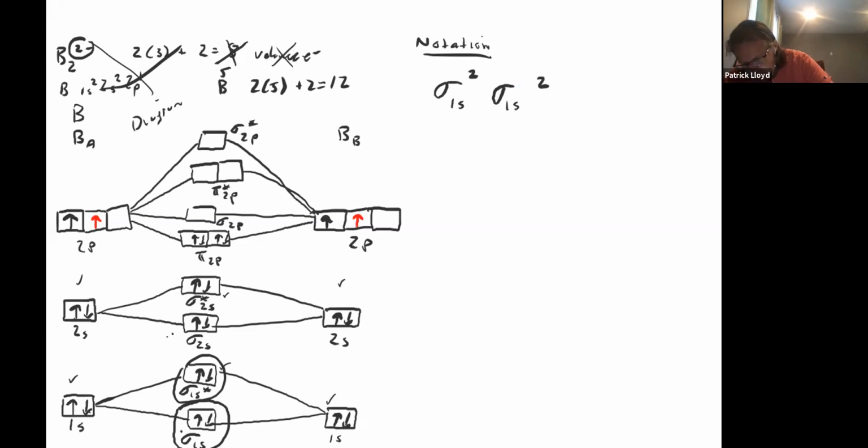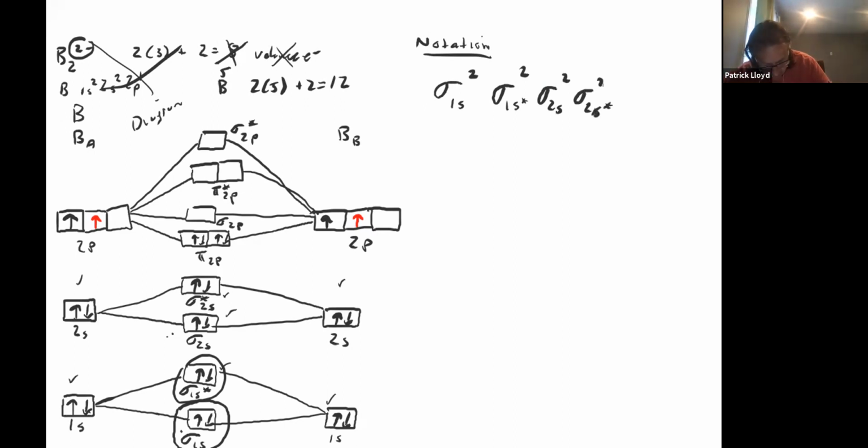The star goes down here, 1s star, and then you put the 2 above it as a superscript. Sigma 1s2, sigma 1s star 2. Next one is sigma 2s. There's 2 in there. So it's kind of like electronic configurations like we did with the atoms.